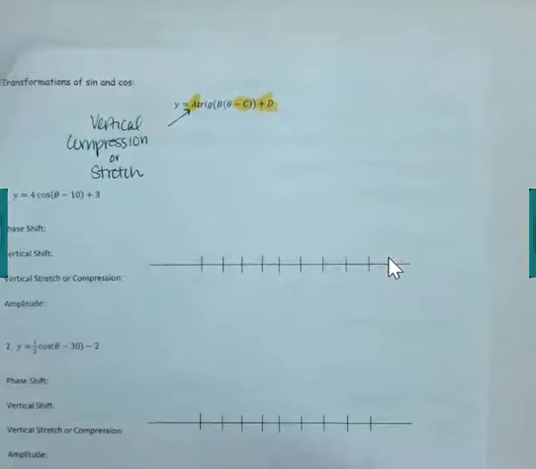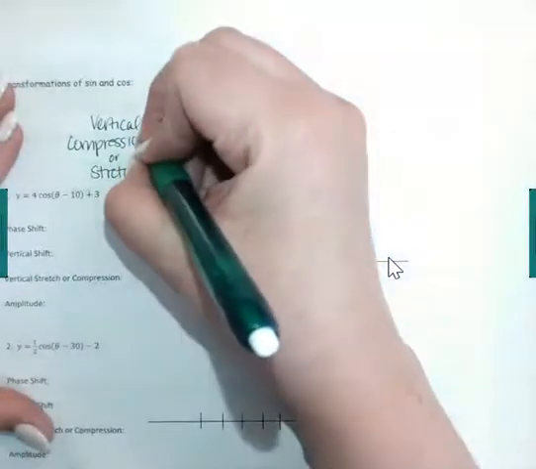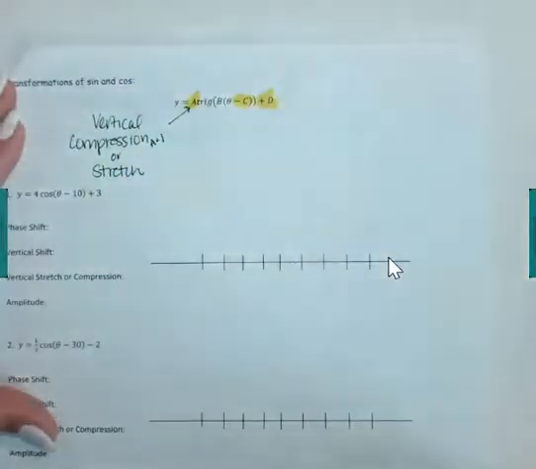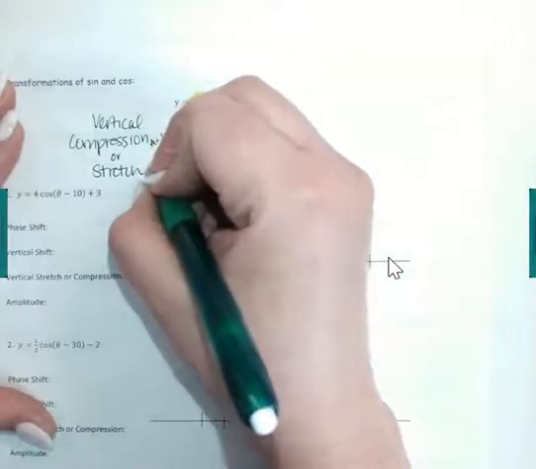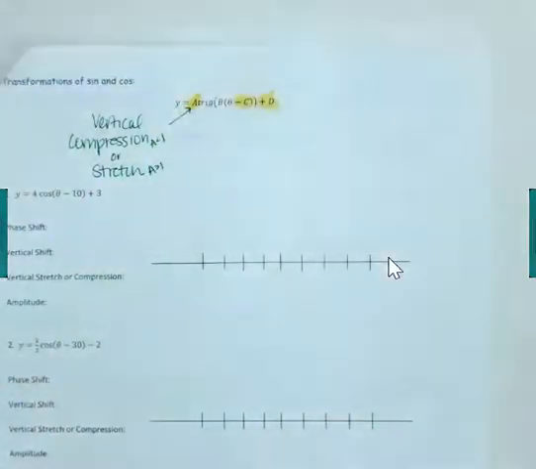Do we remember the cutoff when it switches from a compression to a stretch? 1. Compression means smaller than 1, and a stretch means bigger than 1. So I'm going to put here, it will be a compression when A is less than 1. It will be a stretch when A is greater than 1.